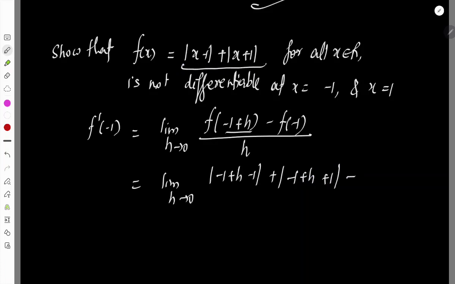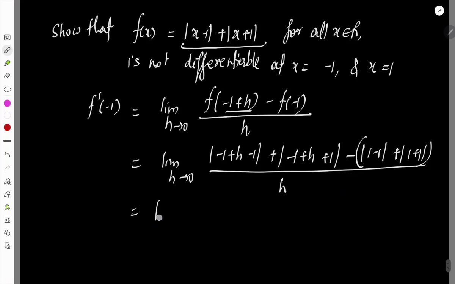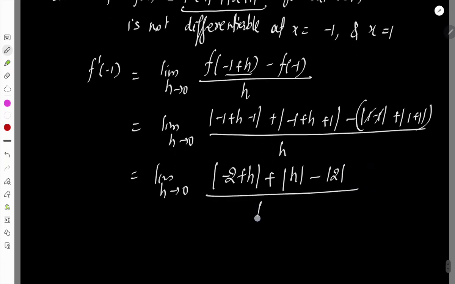Put here minus 1 in place of x, so it will be modulus of minus 1 minus 1 plus modulus of minus 1 plus 1, divided by h. So what we are getting: limit h tending towards 0, modulus of minus 2 plus h plus modulus h, minus modulus 0 which is 0, it is modulus 2, so minus modulus 2, divided by h.